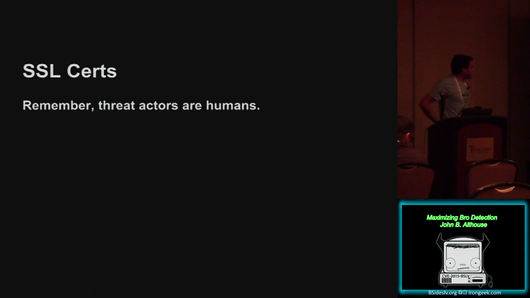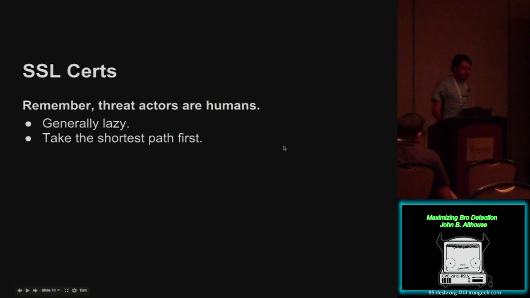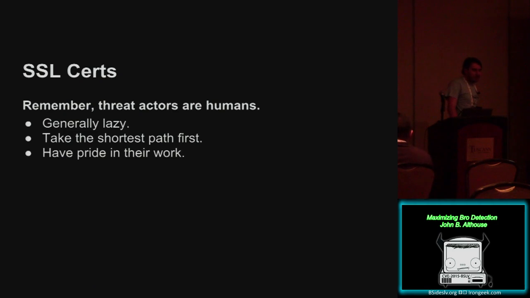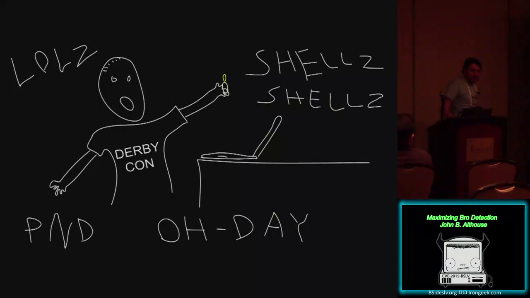Remember that threat actors are human. And so they're generally lazy, and they'll take the shortest path first. And they have pride in their work. I mean, we all do. We're all humans, right? This is what your threat actor looks like.